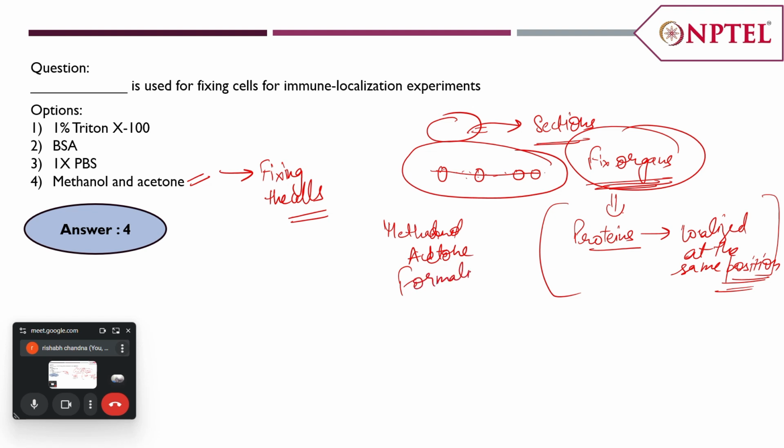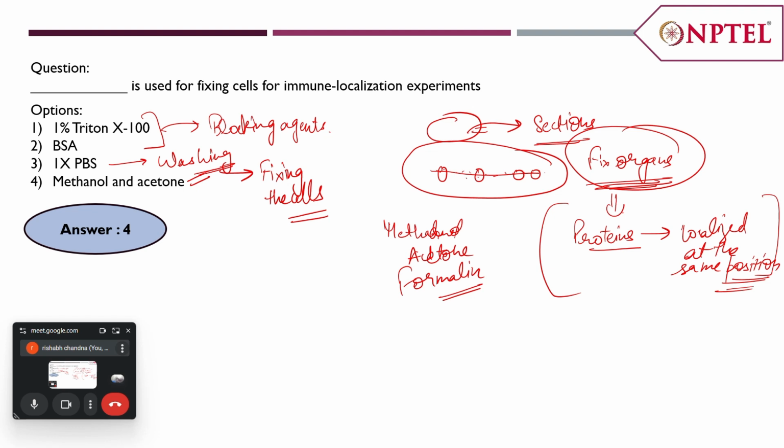So these are the common fixing agents that are being used. Okay, and this Triton and BSA, these are used as blocking agents, and 1x PBS is generally used for washing at different stages of the immunolocalization experiments.